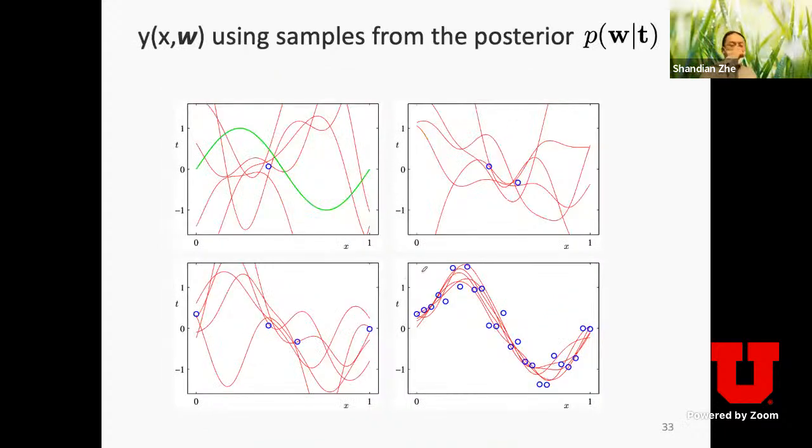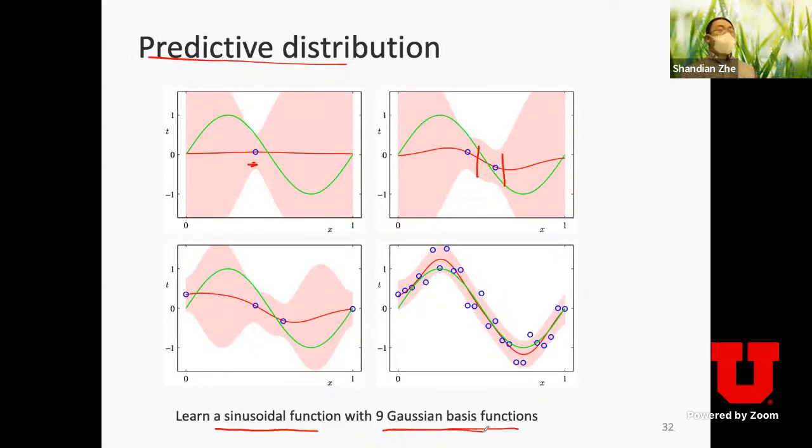And similarly, if you draw the model parameters from the posterior distribution and then plug them into your linear model. Remember, this linear model is defined as a linear combination of 9 Gaussian bases. So it is essentially not a linear function, but it just has some linear structure.